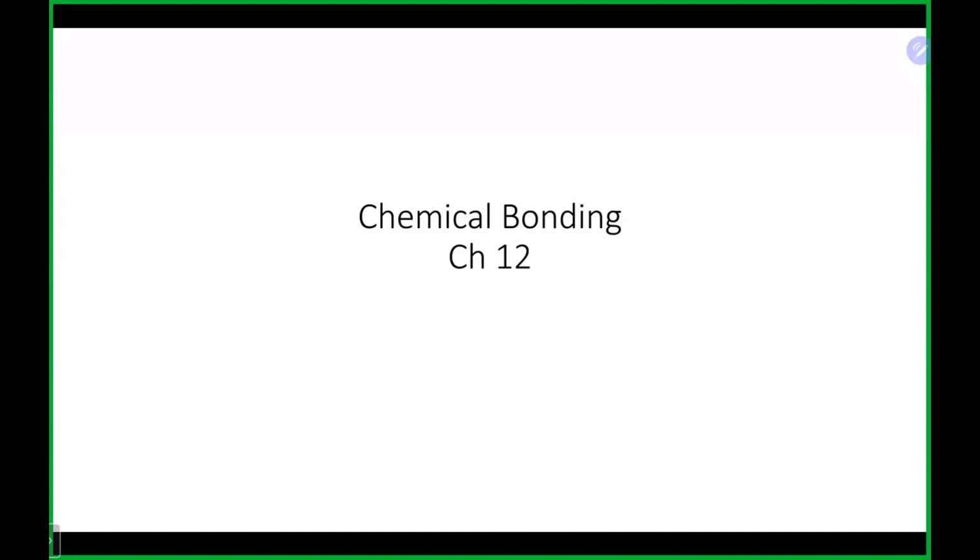So just open up here again. Really, there's two types of bonds we're going to talk about in this chapter. And again, there's an ionic bond, which is always between a metal and a non-metal.